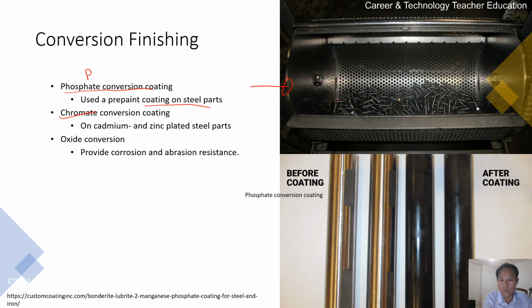So that coat using the phosphate, before and after, better protects the material from corrosion. Chromate is similar, and on cadmium they mostly use zinc plate to protect the material. Oxide conversion also provides oxygen to provide corrosion or abrasion resistance.